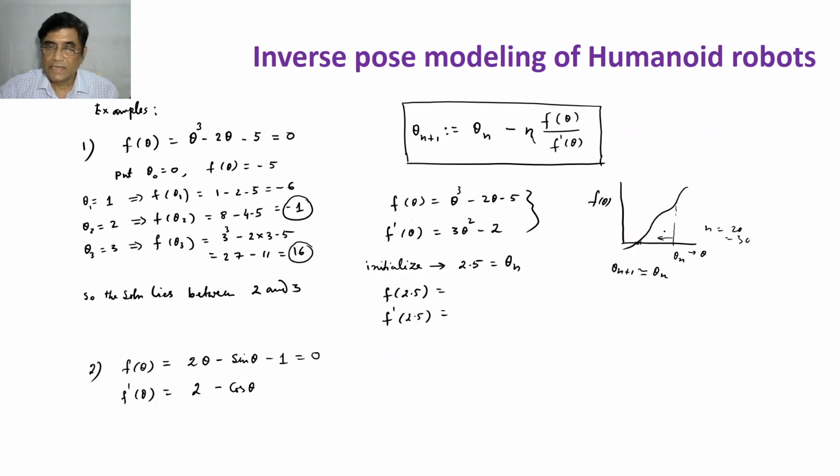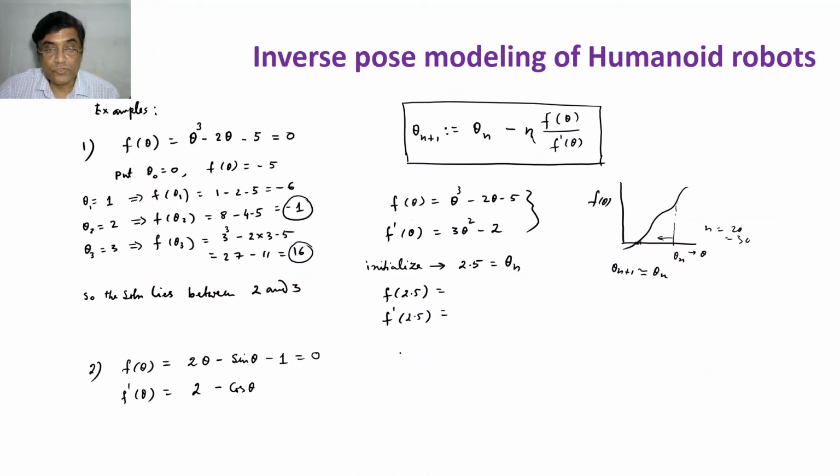As I told you, the convergence of the solution will depend on the initial guess. Very important, the initial value. Whatever initial value you judiciously select, it will then converge faster.